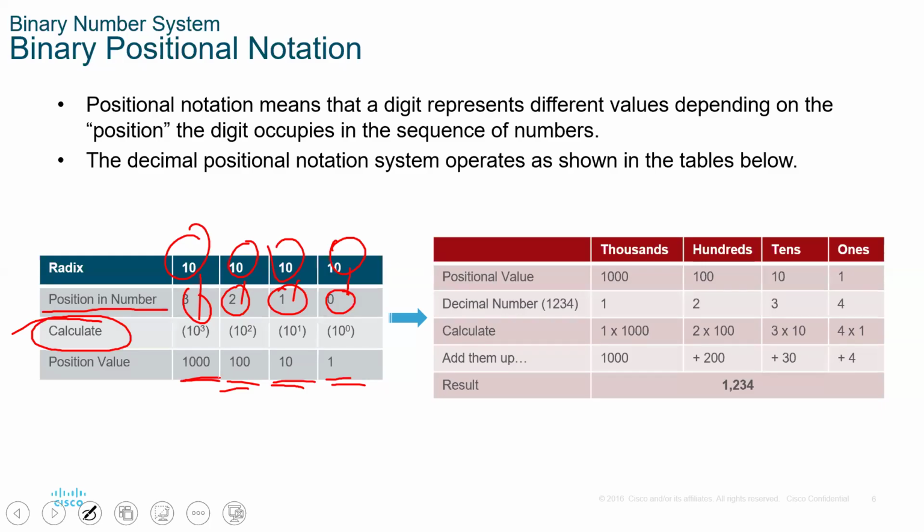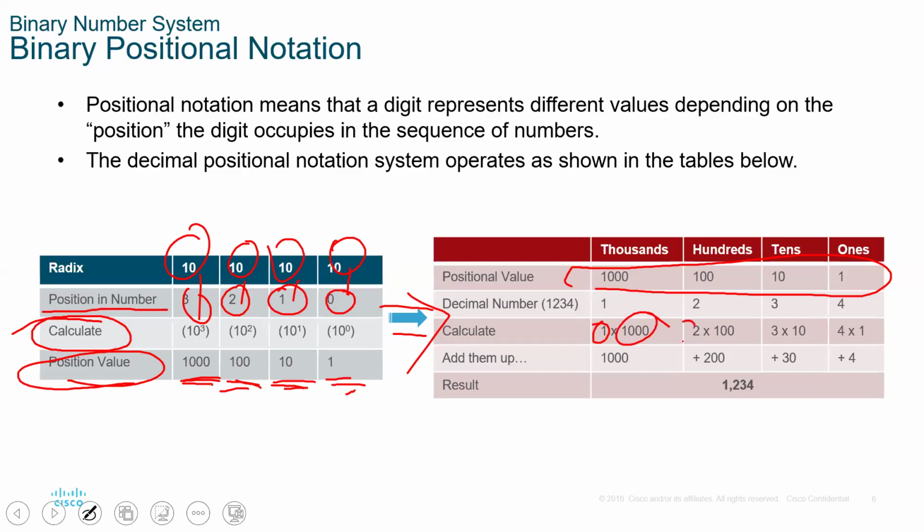Now, bringing it to this table, what does it actually tell us and how do we do the calculation? It tells us that converting is just to multiply 1 times 1,000, 2 times 100, 3 times 10, 4 times 1.